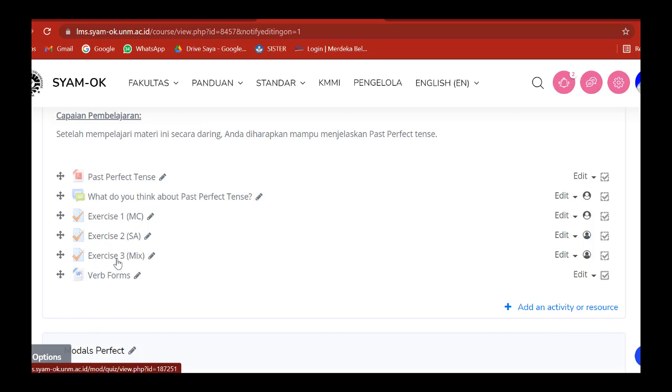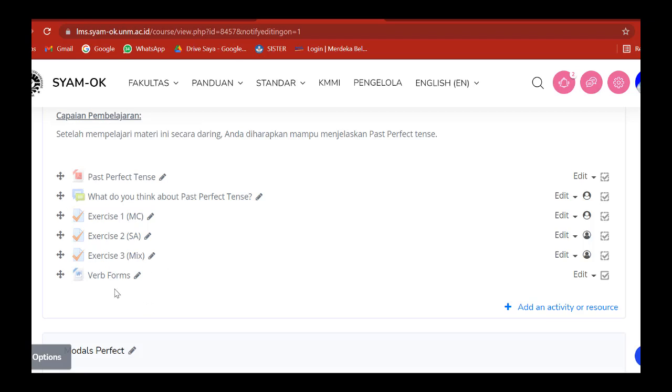And then in exercise 3, there are mixed kinds of questions. There is multiple choice, and there will be true false. There will also probably be short answer. So in exercise 3, it's not just an exercise. This is also to test your understanding about past perfect tense.